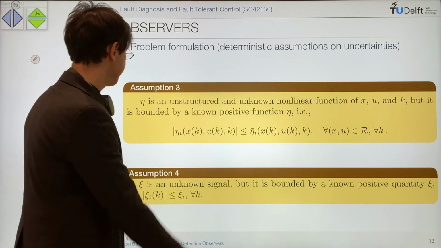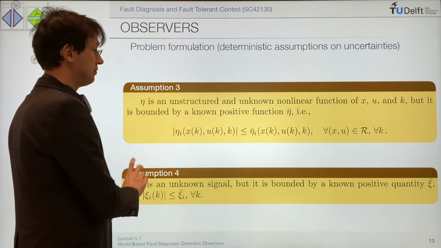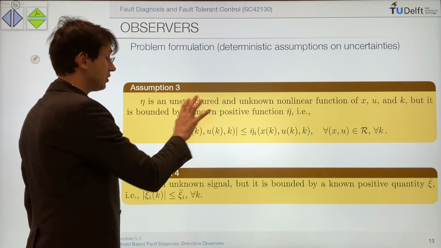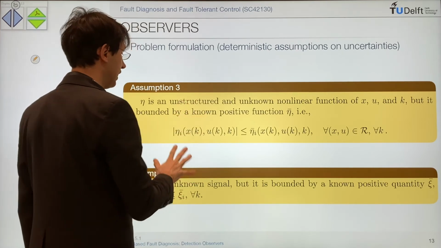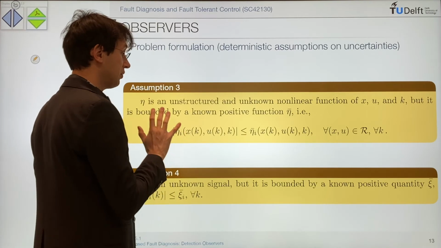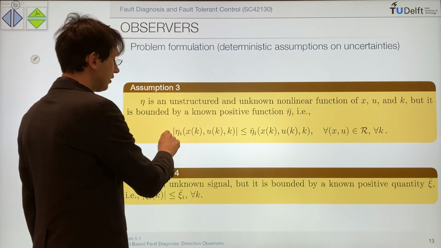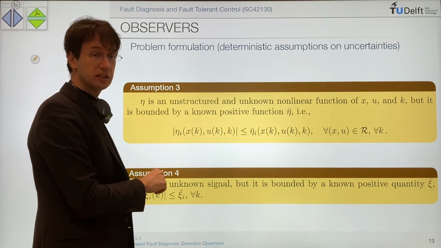And so indeed, the next assumptions are on the uncertainty. So we need them to be bounded. And we don't know how they are behaving, just we know that they are bounded. And we know the value of the bound. So this is assumption 3. In particular, we are making this assumption for each component of the uncertainty eta.